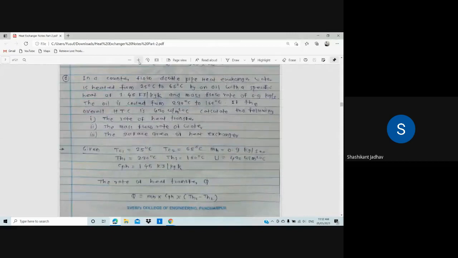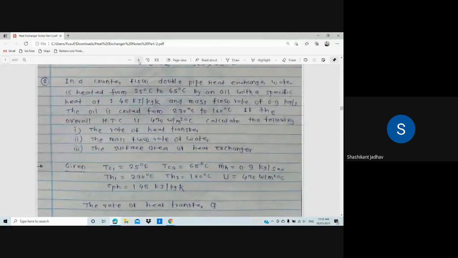So all of you write down the second problem. Write down in a counter flow. सगळ्यांनी कॅल्क्युलेटर वही पेन सगळे घेऊन बसत जावा. Okay. So all of you write down the second problem.